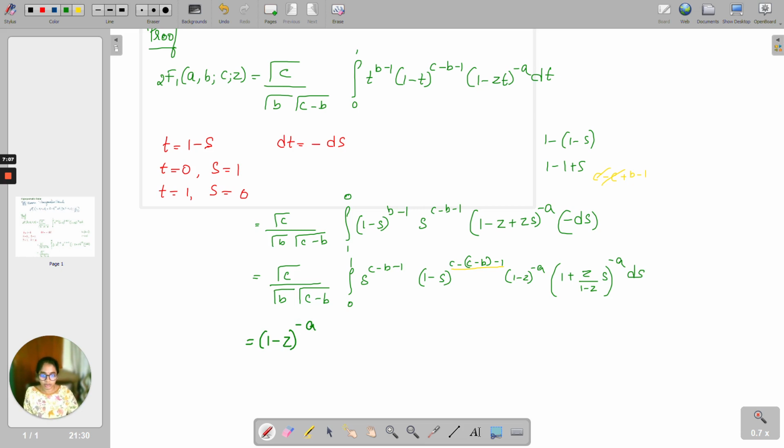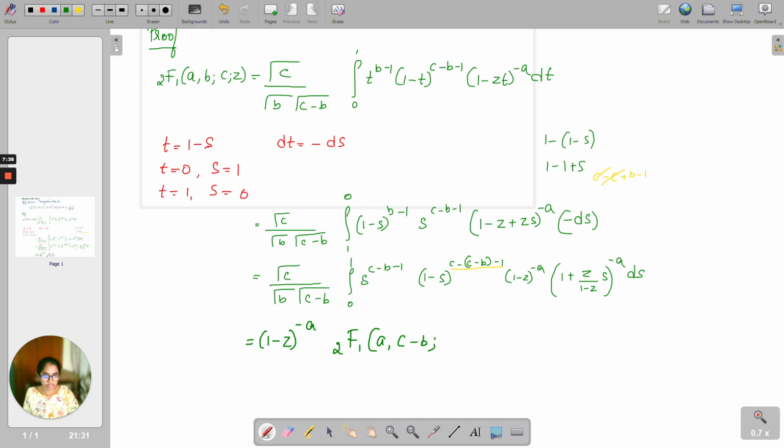Now let me write this part. I have 2F1 of, in the place of a, I have a itself. And in the place of b, I have c minus b. So I would write c minus b over here.